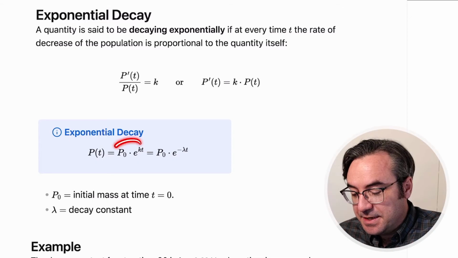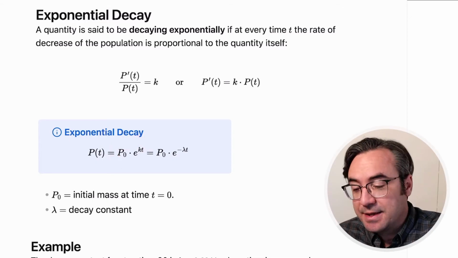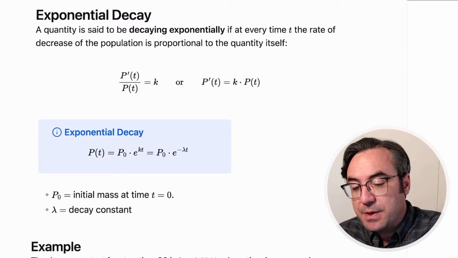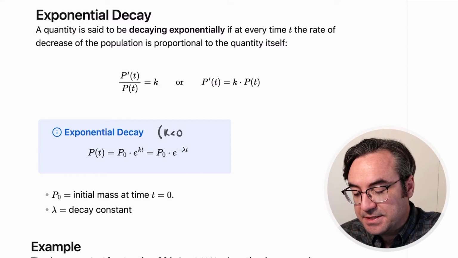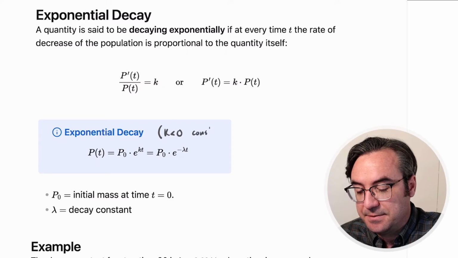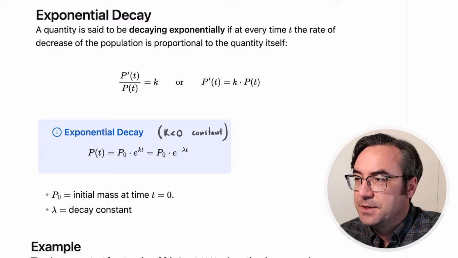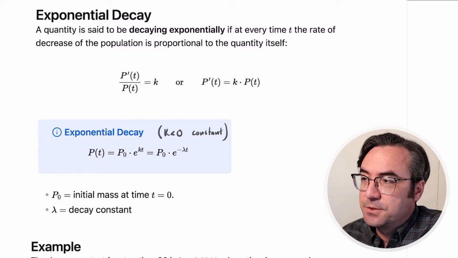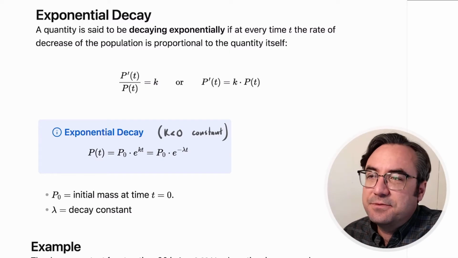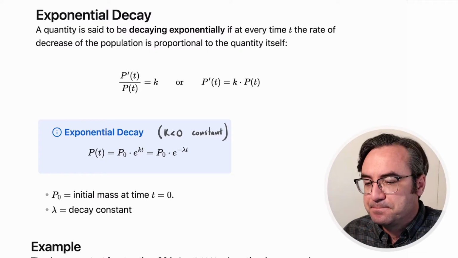In fact, it's basically the same thing, except for exponential decay, the k value is going to be less than 0. It's still a constant, but it's less than 0. So for exponential growth, k is positive. For decay, it's negative.